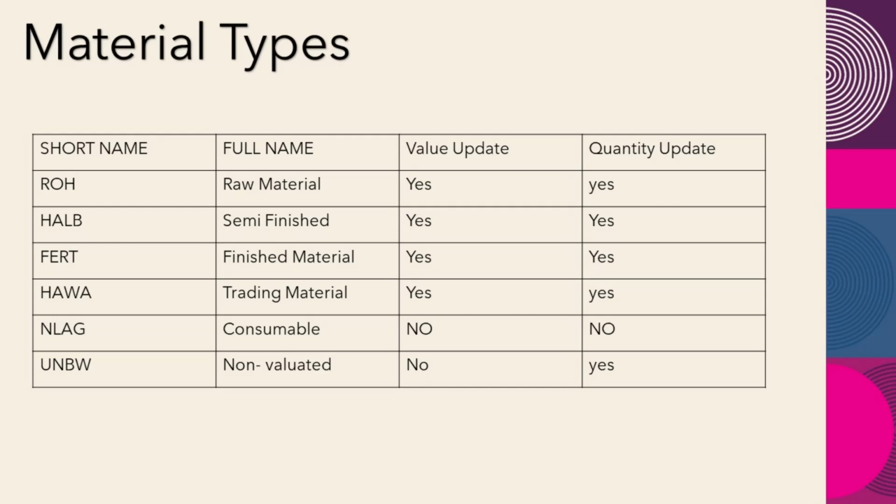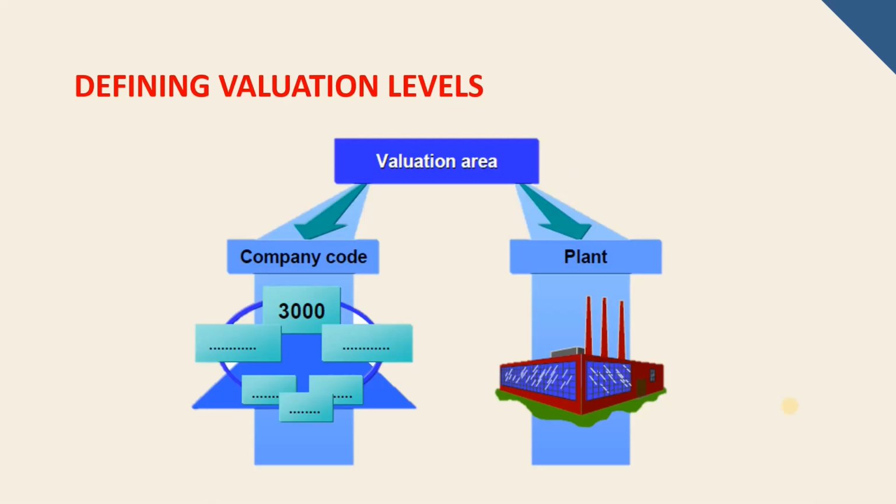Before that, you might have seen the valuation levels. So there are two valuation areas, one is at the company code level and another is plant. So the materials which you are going to procure can be defined at these two areas. One is at the company code, which is, you can say, a central level, so the company will manage the value of the material, and one more is called a plant.